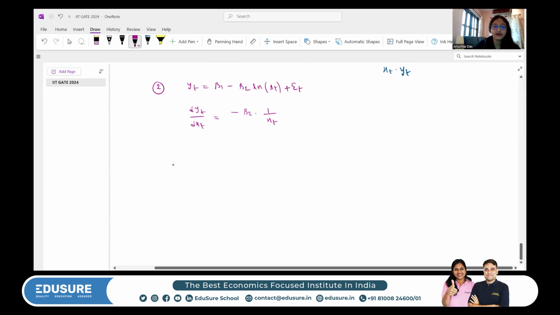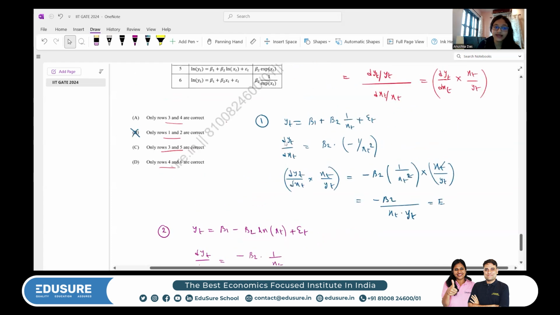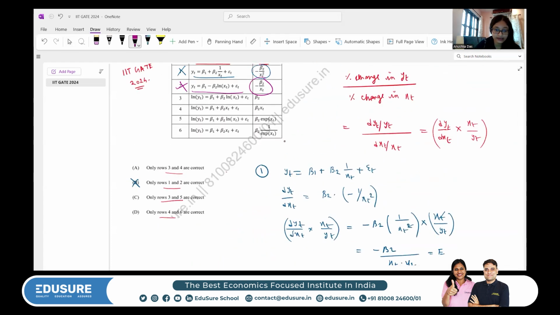So what will be elasticity? Minus beta 2 1 upon XT into XT upon YT. XT will cancel out, so this is minus beta 2 upon YT. Let's go back. The table says minus beta 2 upon XT. So this is also not true because we have just got minus beta 2 upon YT. So 2 is also incorrect.